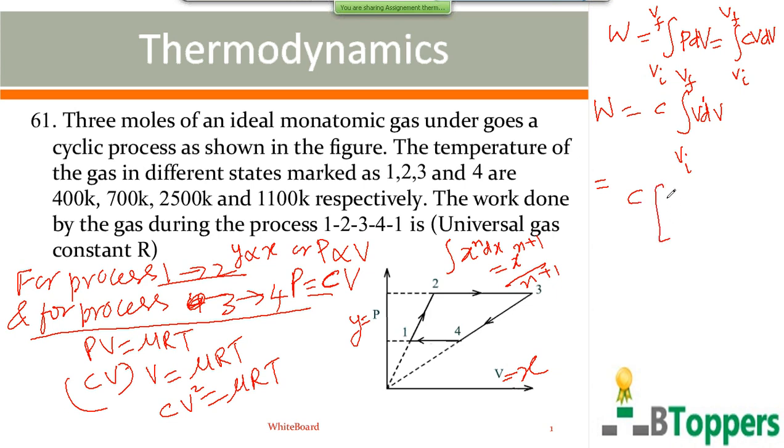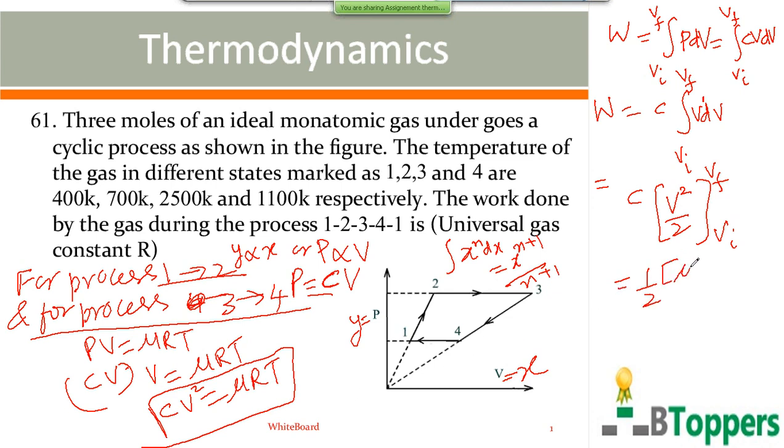So C integral V dV is V power 1 plus 1, that is V square, by 1 plus 1, from Vi to Vf. Now CV square can be taken as nu RT for process 1 to 2, and a similar expression can be written even for process 3 to 4. So this is half nu RT from Ti to Tf.